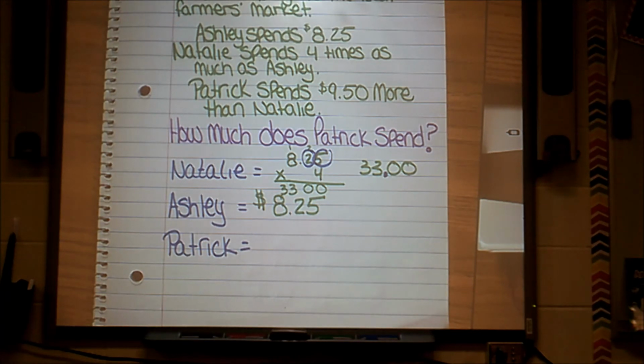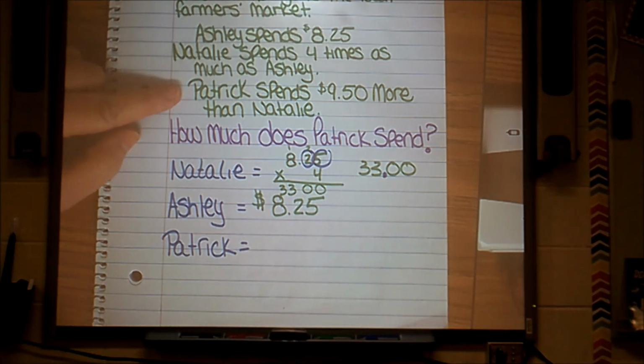So to find how much Patrick spends, I have to go up to my story again and find Patrick. And it says that Patrick spends $9.50 more than Natalie spends. So in order to do this, I need to take the amount of money that Natalie spends and add an additional $9.50, because that's what my story problem tells me.